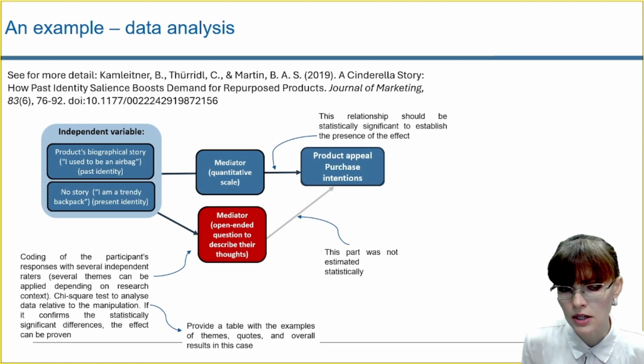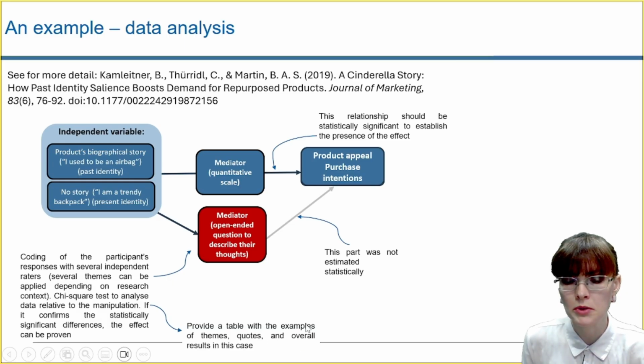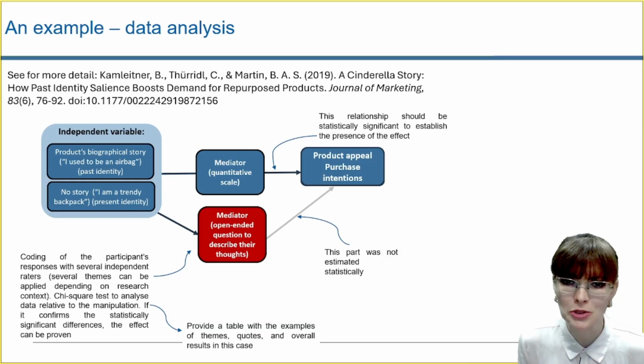Of course, in this case, what would be good is that you provide a table with examples of themes and codes, because reviewers would like to see them. People would like to know what they were.